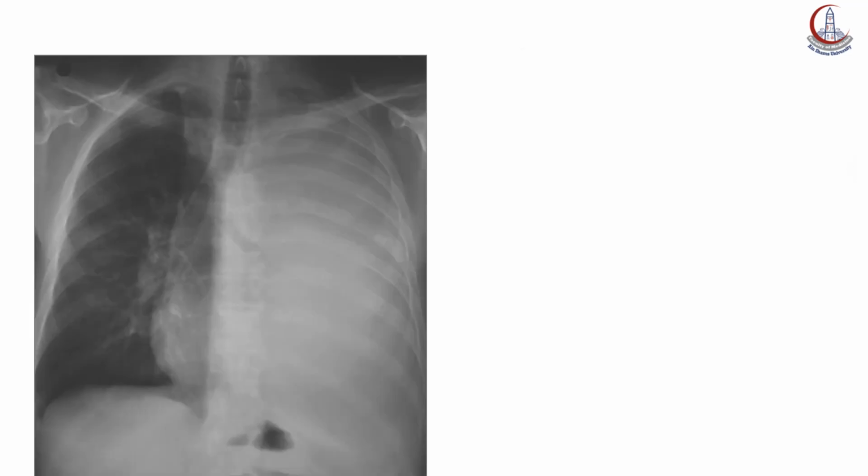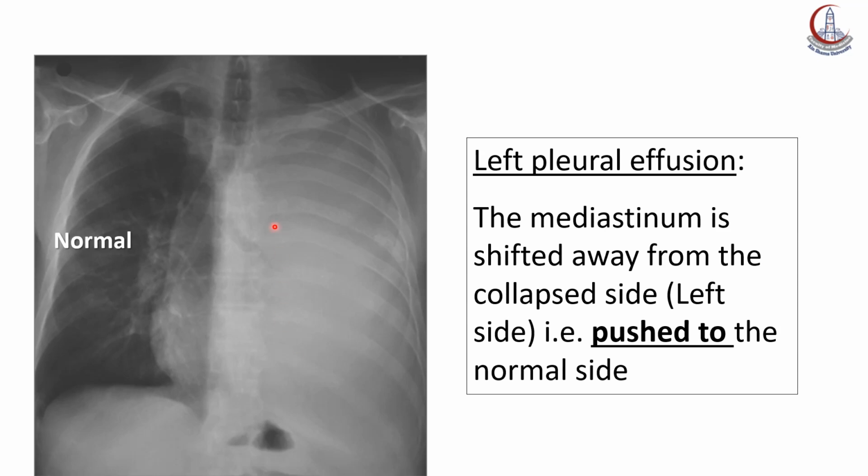Another example, we have here the left side, which is abnormal, and this is the right side, which is normal. We have here the bronchial tree, and the pleural cavity here is filled with fluid that pushes the left lung to the other side, and the mediastinum goes to the right side.